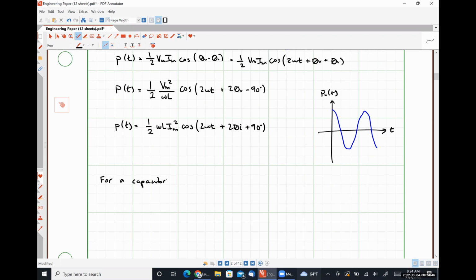So for a capacitor, our relationships are the magnitude of the current is equal to omega C times the magnitude of the voltage. And our phase angle theta I is equal to theta V plus 90 degrees.